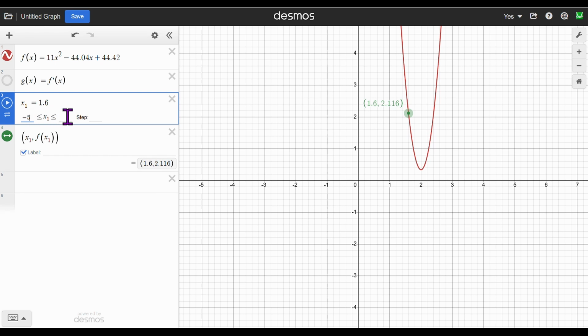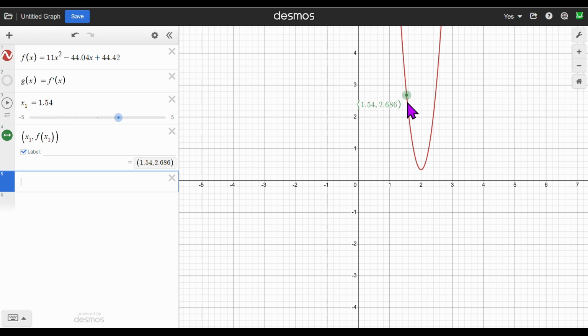Now at this given point, if I have to create a tangent line from here to here, how can I create it? I can create the tangent line by finding the slope at this specific point, and I can use the point-slope form of the line, which is something like this: y minus y1 equals m times x minus x1.